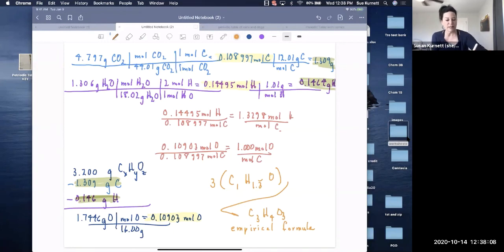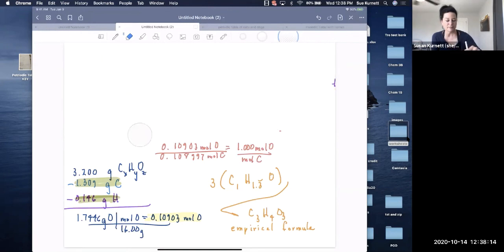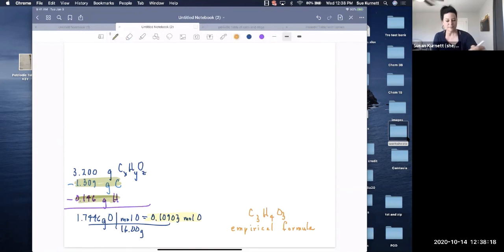So I'm going to clear off the top of the page to make room for that. So the molar mass that is given in the problem is 176 grams per mole. And that would have been determined through a different kind of experimentation.